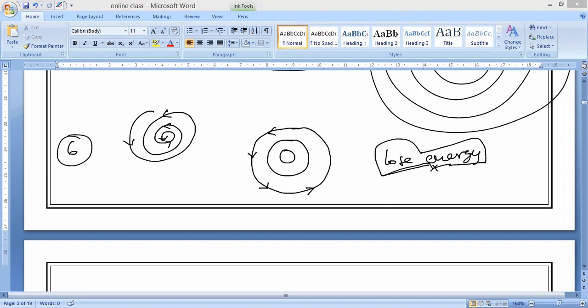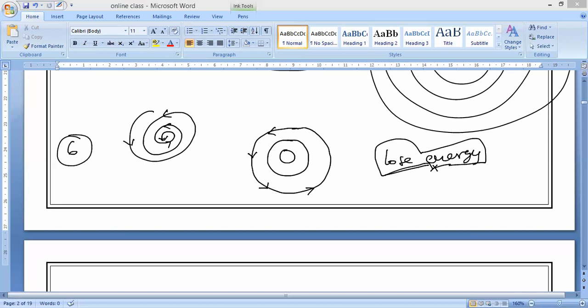That is what is happening. Because the electrons are not radiating energy, they are continuously moving with the same amount of energy. So there is no loss of energy, and it cannot be possible to decrease the energy of the electron.